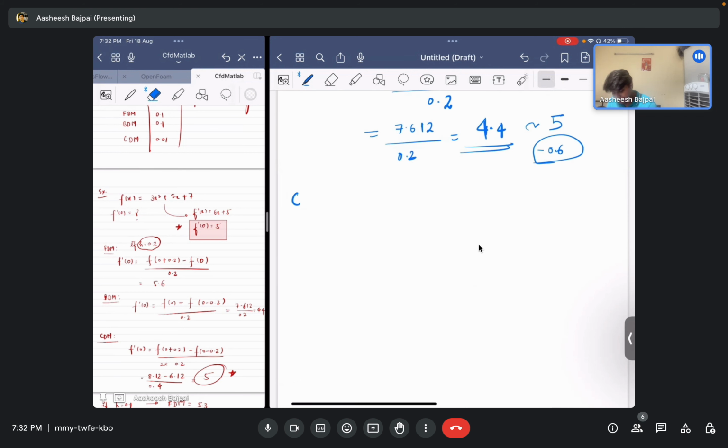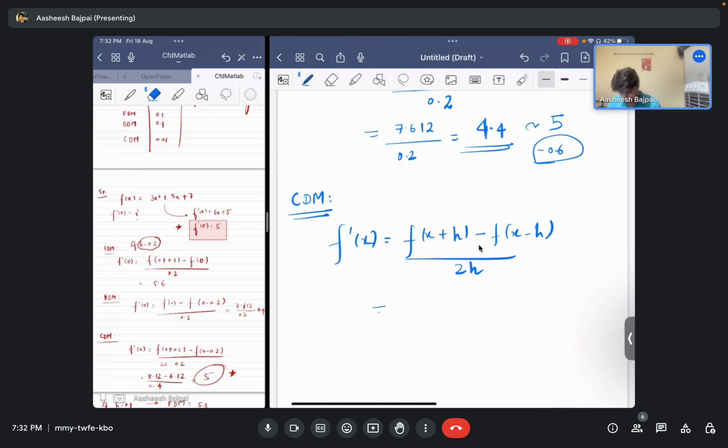Let's do it by the central difference method. There is a third method for which we derived the formula. So the central difference method is f of x plus h minus f of x minus h, by 2h.